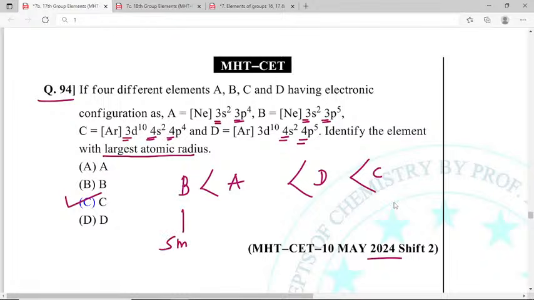Just look at the period number. Always remember 3s2, 3p4, 3d, 4s, 4d. This is the period number. If you look at the number of shells, it is very easy to identify the atomic size, atomic radius. Okay, are you getting question number 94? How to solve question number 94?